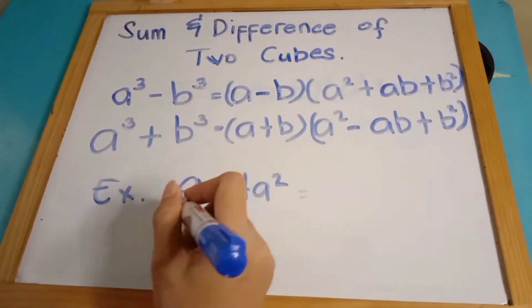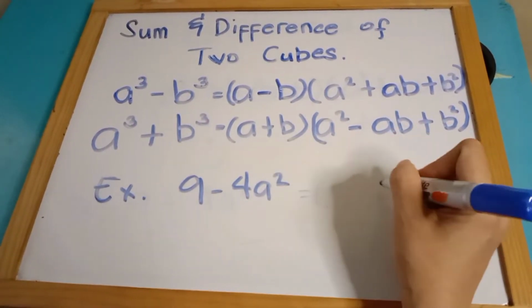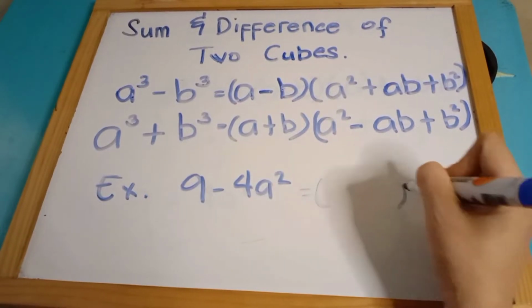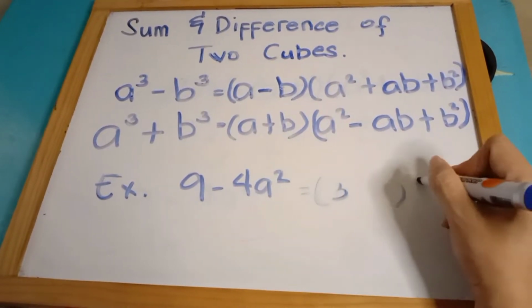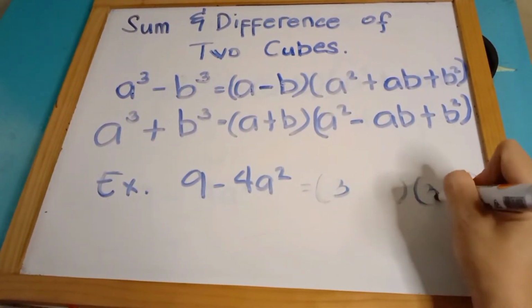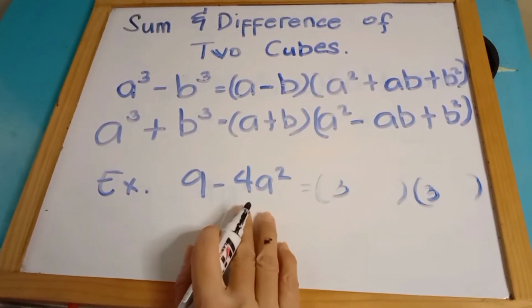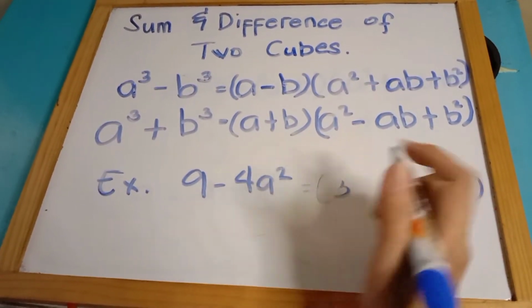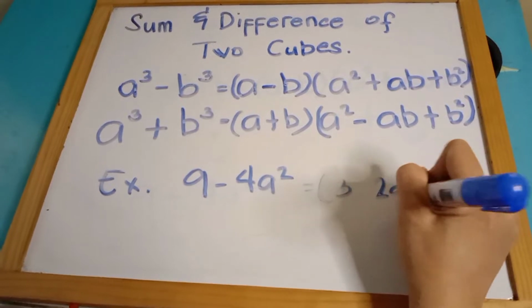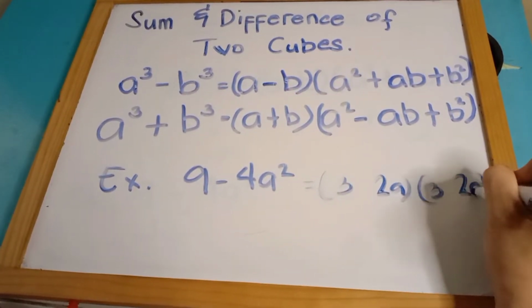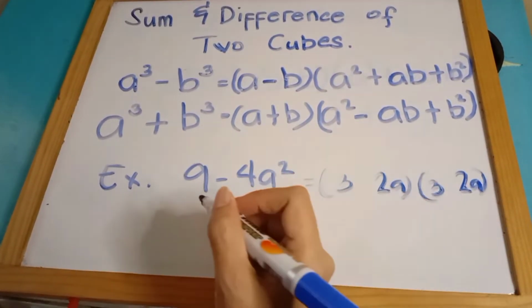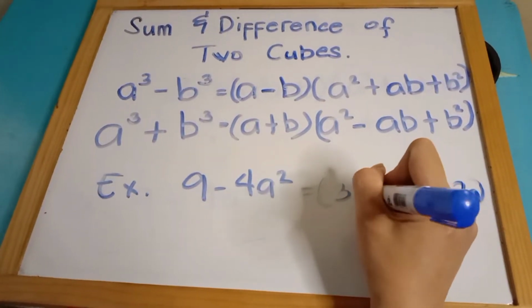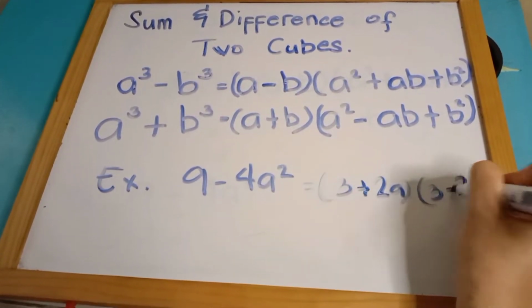The factor of 9 is 3, and then we have 3. And then the factor of 4a squared is 2a, and then we have another 2a. So, sum and difference. Therefore, this is plus and this is minus.